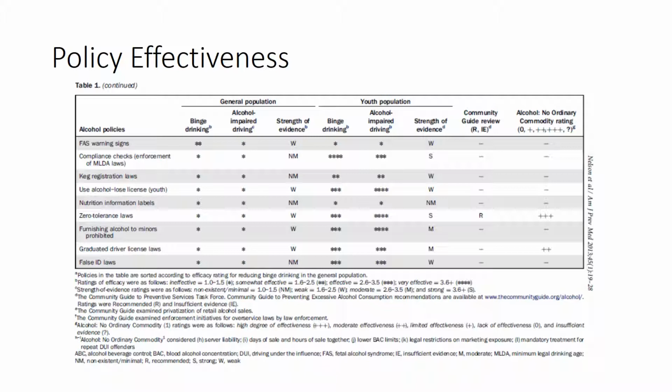But by doing this rating system and by having this consensus of experts, it makes it easier to see that things like for youth binge drinking, zero tolerance laws are much more powerful, much more effective than nutrition information labels. So we can use these policy systems, and if we can code these policies, we can kind of do a quick screen for which areas may or may not have higher or lower prevalence of substance use problems.